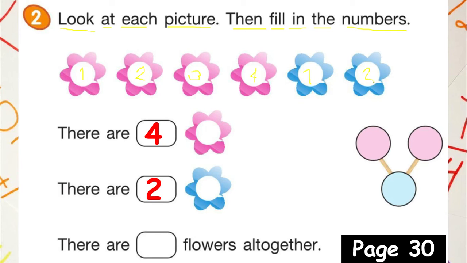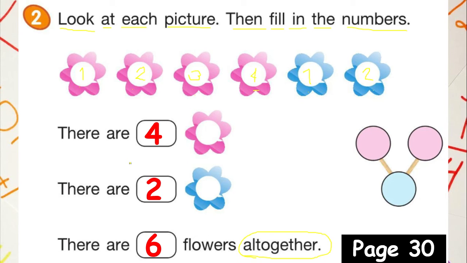There you go. Okay, so we're going to add them together. So there are blank flowers all together. So if you add them together, we will get 1, 2, 3, 4, 5, 6. So there are 6 flowers all together. So how do we write them in bonds?